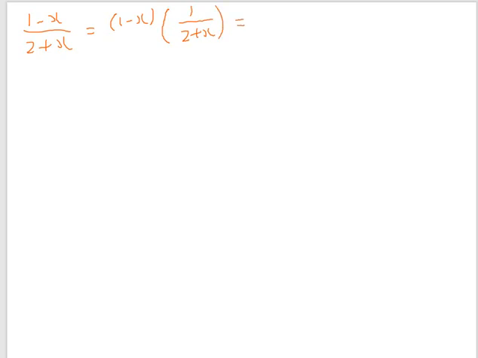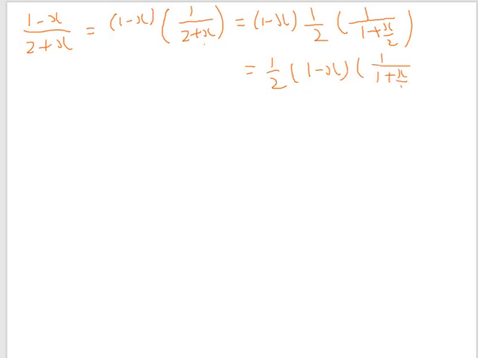And you can write it as 1 minus x times a half bracket 1 over 1 plus x over 2. Right. 2 and 1 give you back 2. 2 and x over 2 give you back the x term. So which means you consider half bracket 1 minus x times 1 over 1 plus x over 2.